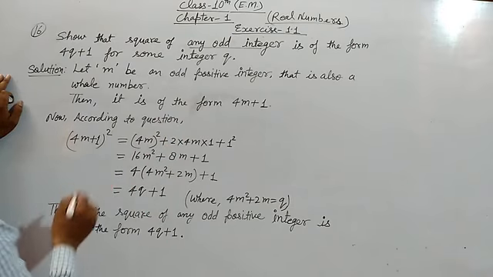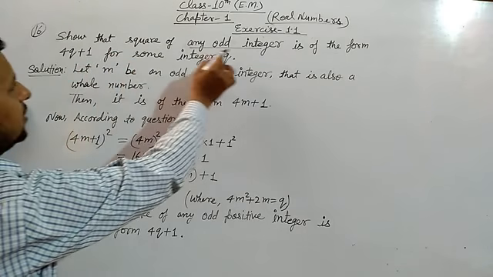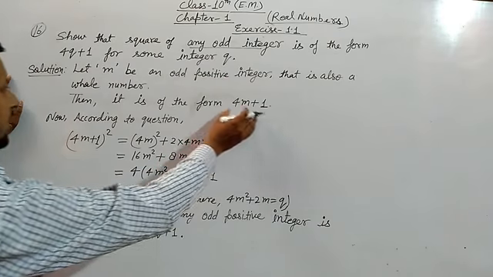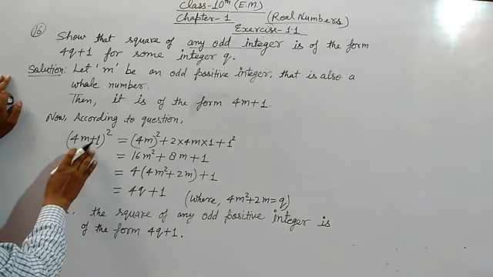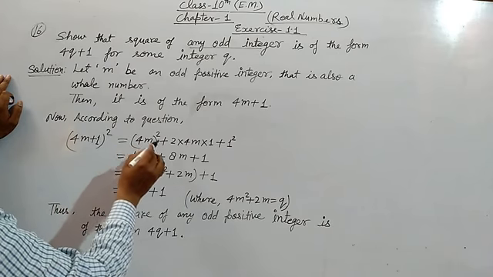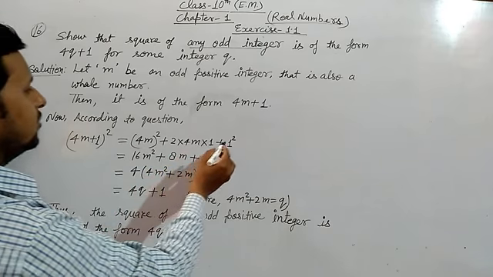So according to the question, the square of any odd integer. When we get the integer in this form, the square of it means (4m plus 1) whole squared, which is equal to (4m) whole squared plus 2 into 4m into 1 plus 1 squared.